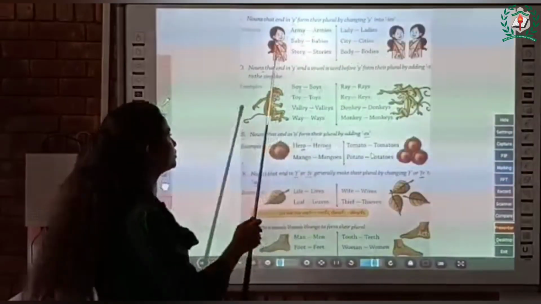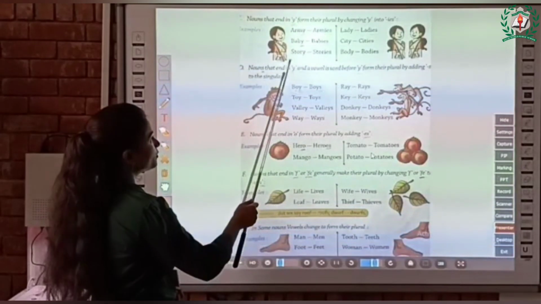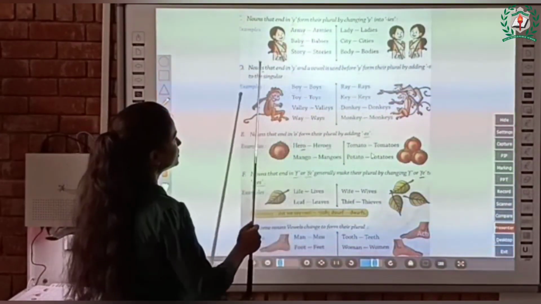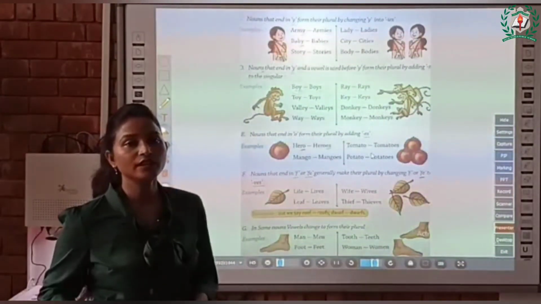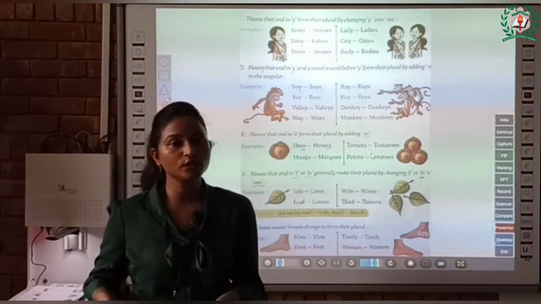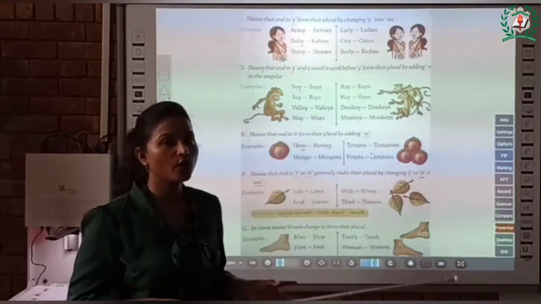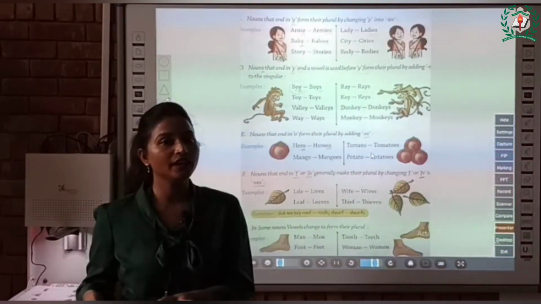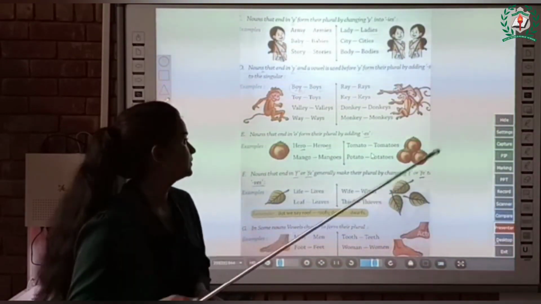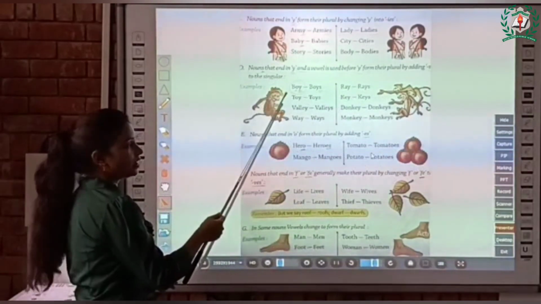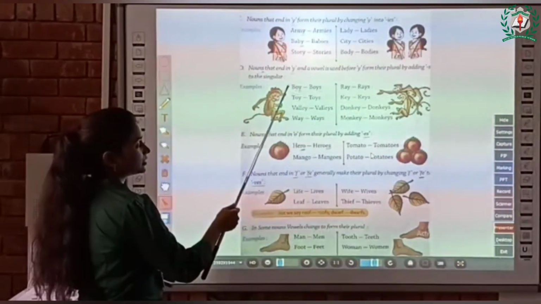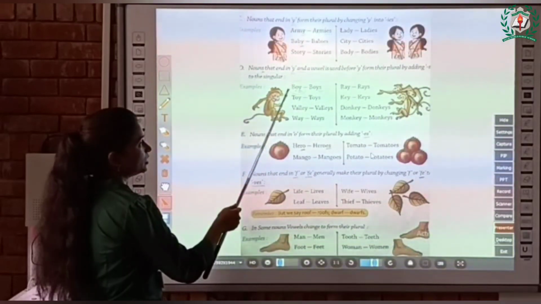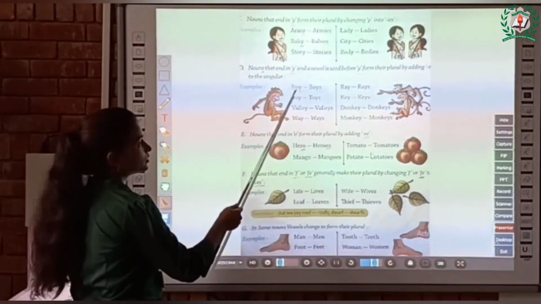So children, now come to rule number 4. Nouns that end in y with a vowel before the y form their plural by adding s to the singular. So children, for nouns that end in y with a vowel before the y, we add s to the end of the singular noun. For example, boy. In this word, can you find the vowel? Yes, O is a vowel before the consonant y.